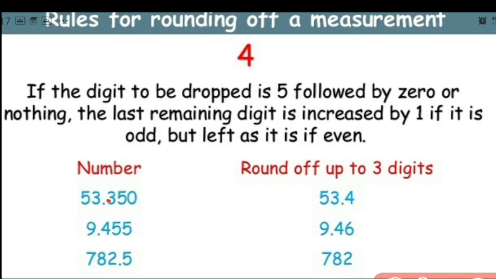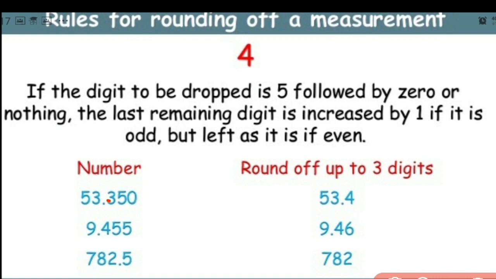So the rule says if the preceding digit is odd, you increase it by 1. If it is an even number, you just drop without making any change. So here since it is 3, since it is odd, we have to raise it by 1. So our measurement becomes what? 53.4. Come to the next one, 9.455.